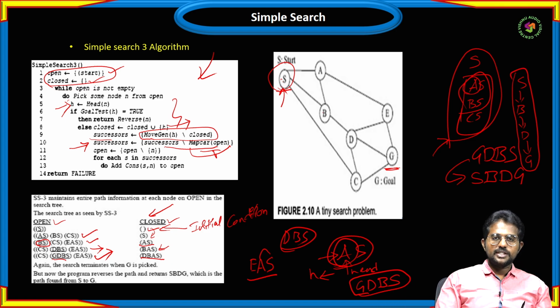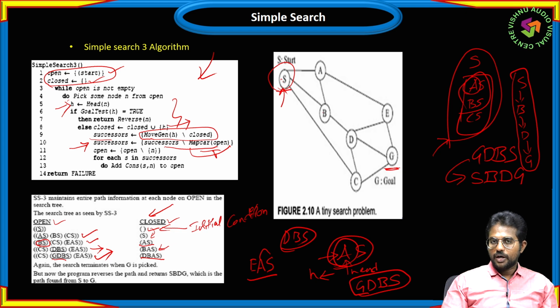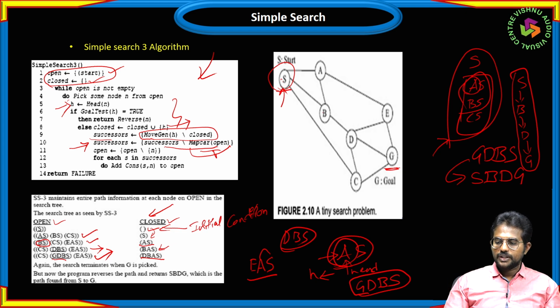So by using the simple search tree algorithm, we have got the path. In simple search tree, the disadvantage is that we cannot get any path. If the goal node was reached, we will just say that the goal is reached, and return that particular goal node only.